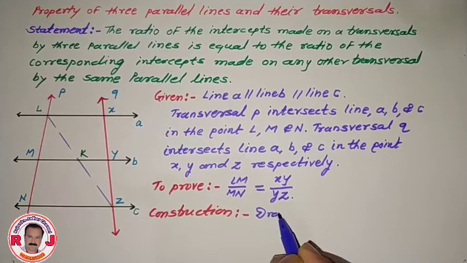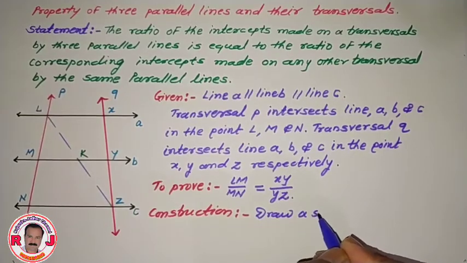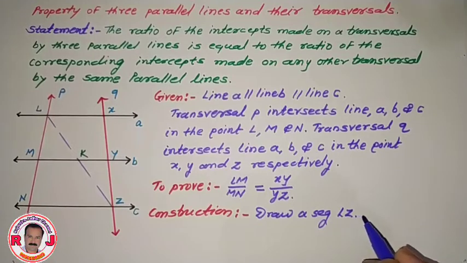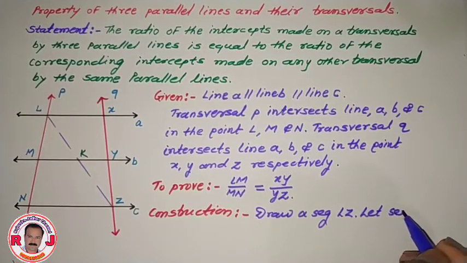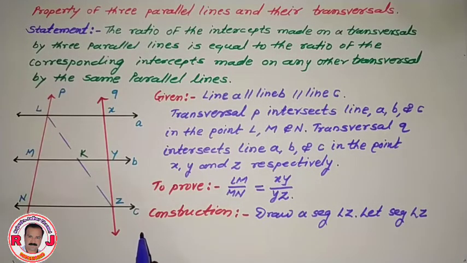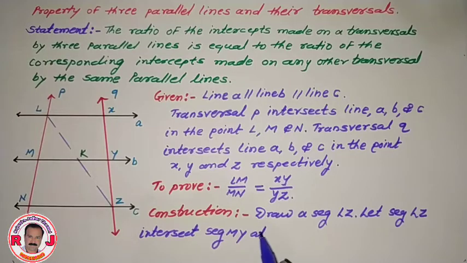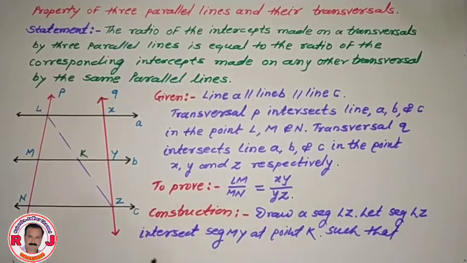Draw a segment LZ. Let segment LZ intersect segment MY at a point K, such that K is between L and Z, and K is between M and Y. This is the construction of this theorem.